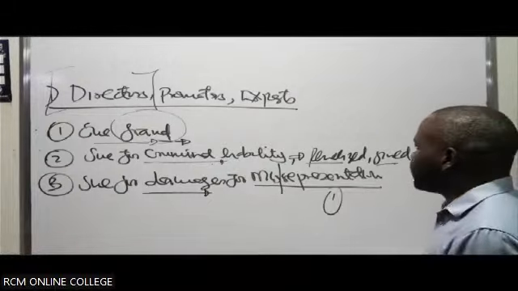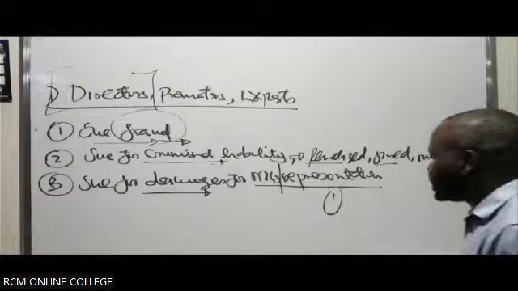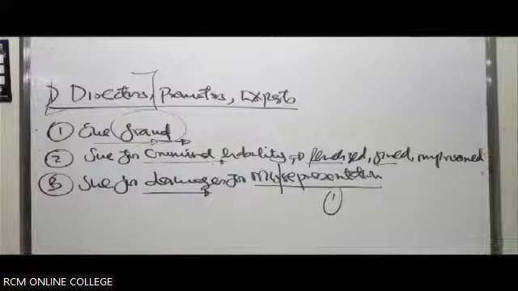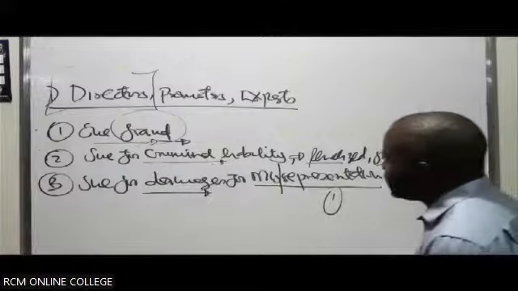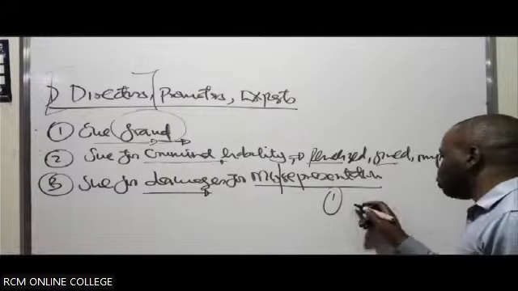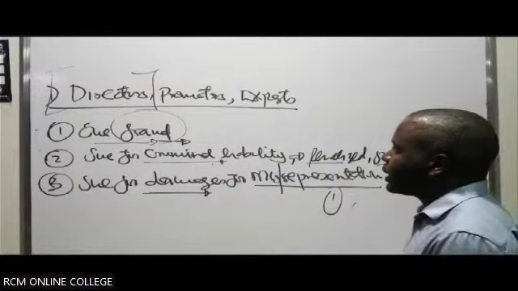Number one, part of the defense you can utilize before the court is to indicate that you were not aware of this misleading statement or misrepresentation, and once you became aware of it, you withdrew from being the director of the company.